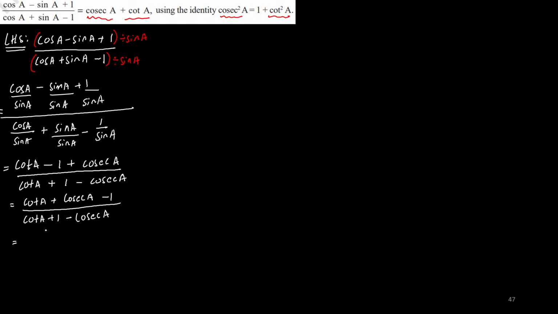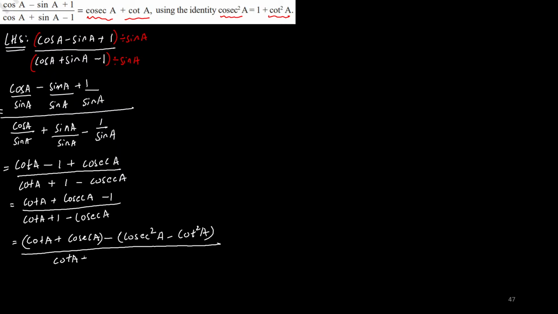So cot A plus cosec A, I will keep as it is. In place of minus 1, I will write cosec square A minus cot square A, divided by cot A plus 1 minus cosec A. You must know the identity, children.